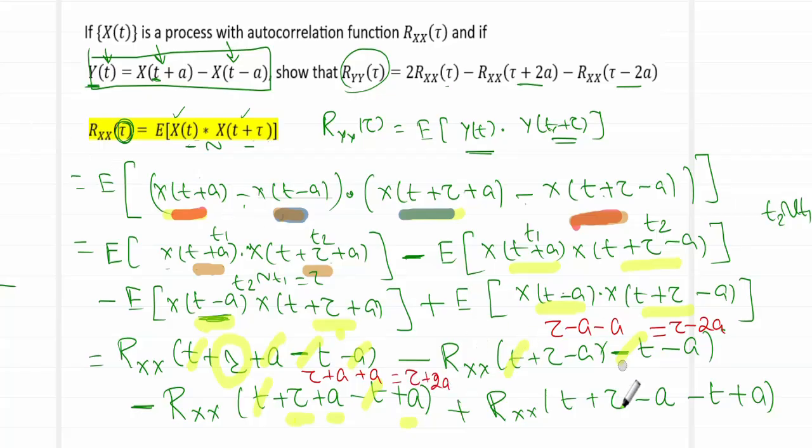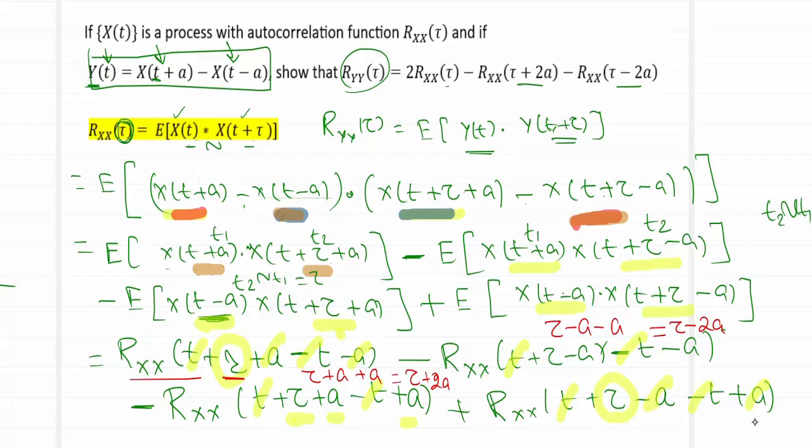Moving on to the last term, t minus t cancels off, a minus a cancels off, just your tau is left out. Now you can see that the first term is Rxx of tau. The second term is Rxx of tau minus 2a. Third term is Rxx of tau plus 2a, plus Rxx of tau.